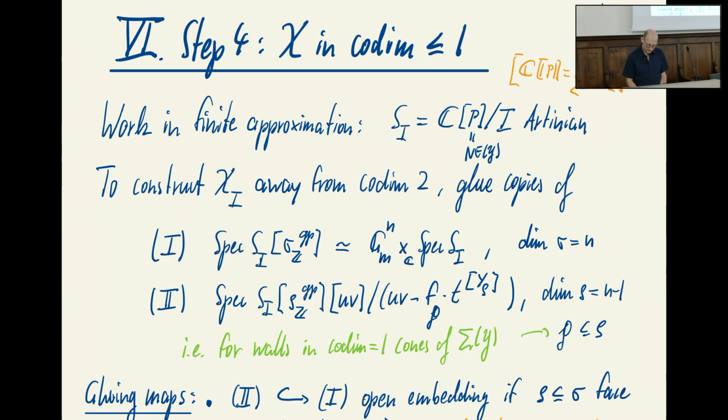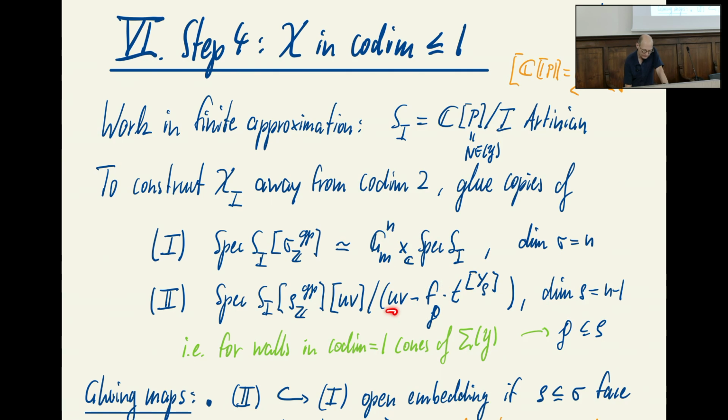The second local model is a little more interesting, namely when your wall happens to lie in a codimension 1 cell, so in one of the strata of the polyhedral decomposition, an n-1 cell of your cone complex. Then I take this kind of thing. It looks like a normal crossings degeneration, but twisted with this fp.